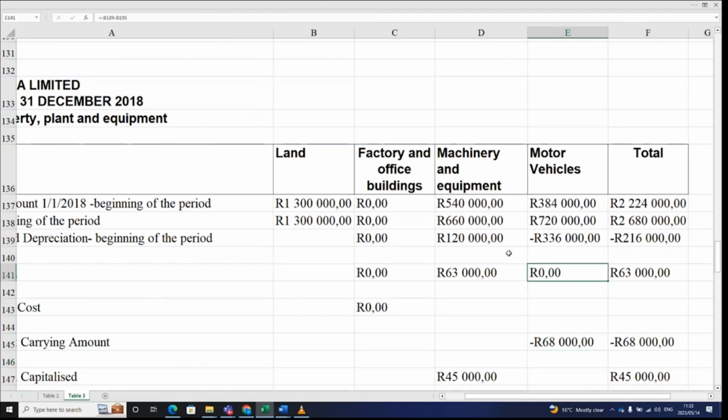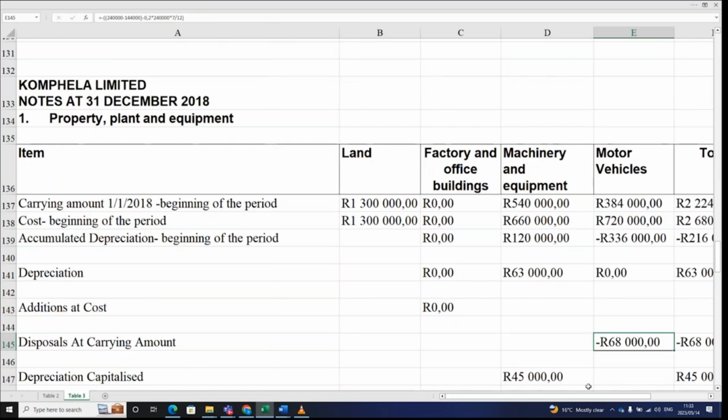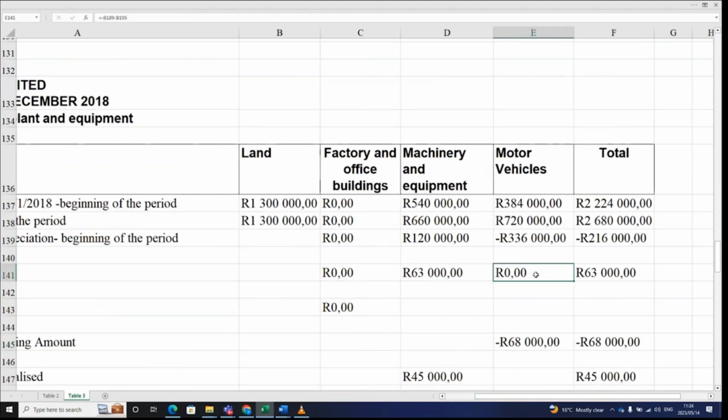So then we would need to get, since we know that the cost of the asset that was taken out was 240,000, okay, to work out the depreciation of the motor vehicles, it would then be the remaining assets, plus this asset that was disposed of just for that portion, just for that period.